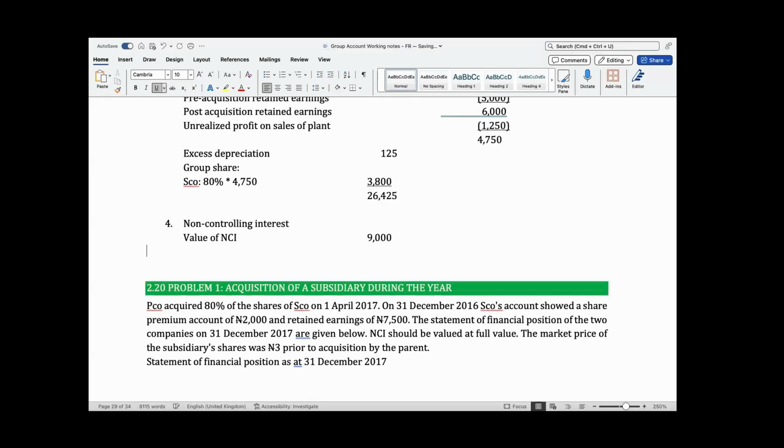So what's NCI share of the retained earnings? What was the addition? 950 plus 9,000. 9,950.